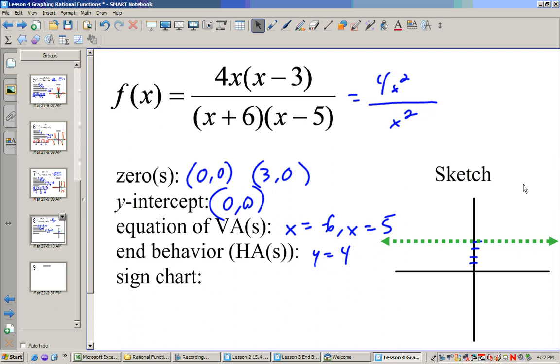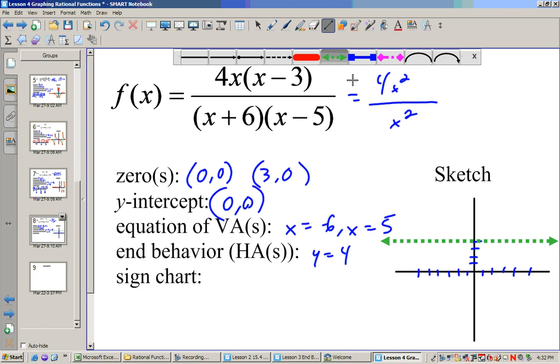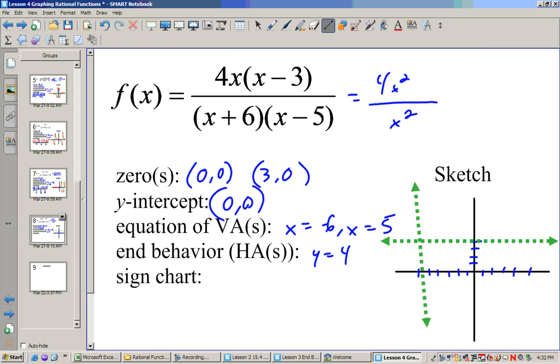and then at x equals -6, 1, 2, 3, 4, 5, 6, and x equals 5, 1, 2, 3, 4, 5. I'll draw these asymptotes.